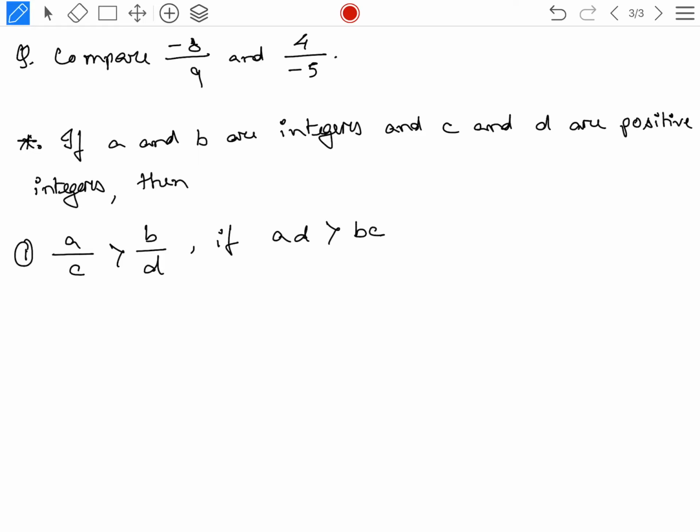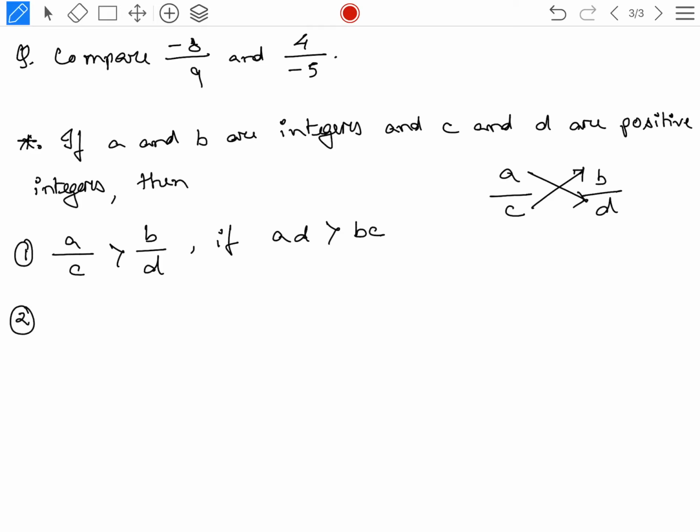That means when we cross multiply A by C and B by D, we multiply A into D and find AD, yes or no? And B into C, we find BC. So A by C will be greater than B by D if AD is greater than BC.